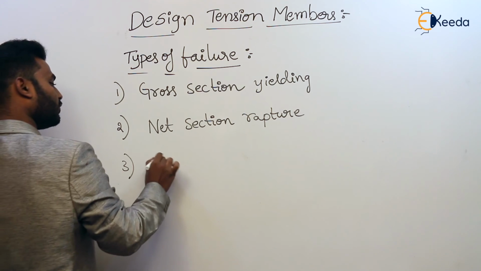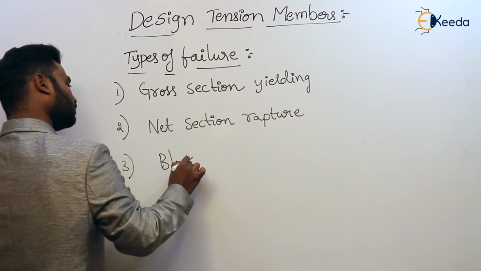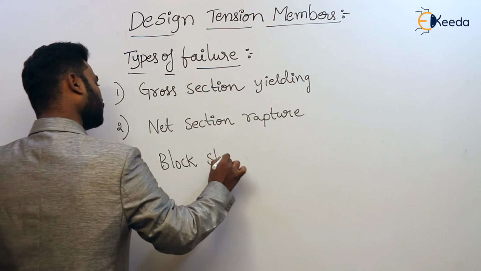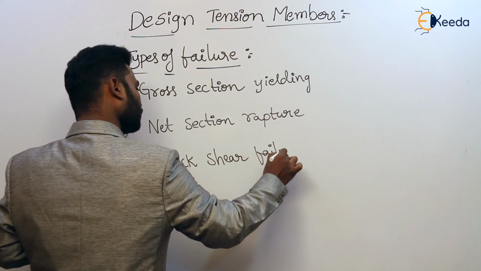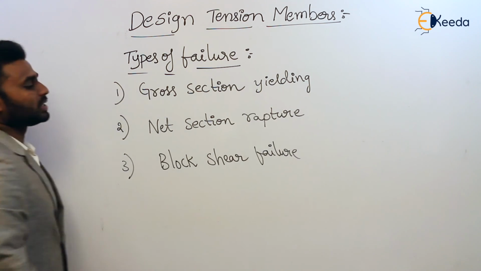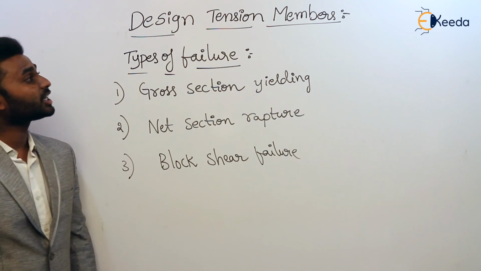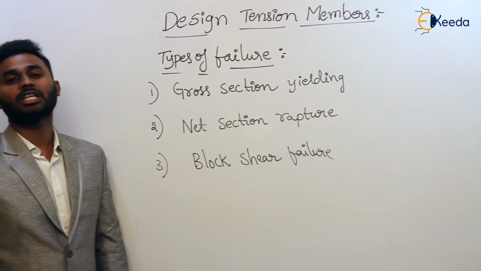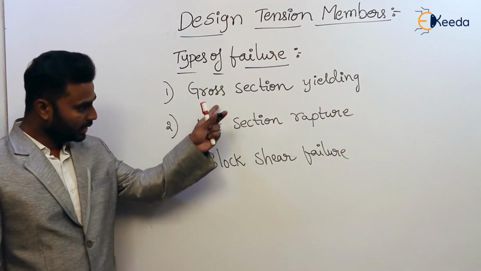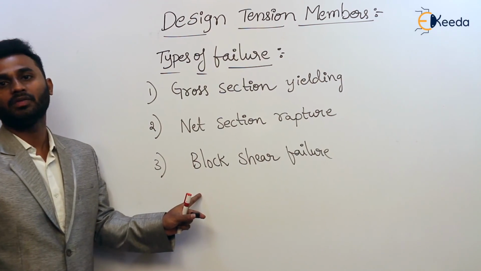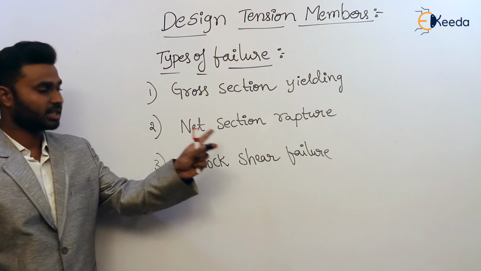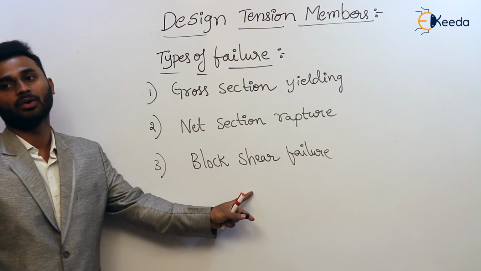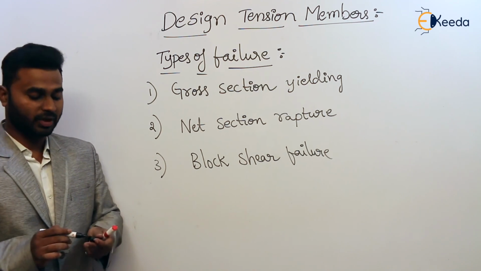Third, block shear failure. These are the types of failures that tension members are subjected to. Our tension member fails in any of these three. Either they may fail by cross section yielding, net section rupture or block shear failure. Clear? So these are the types of failures.